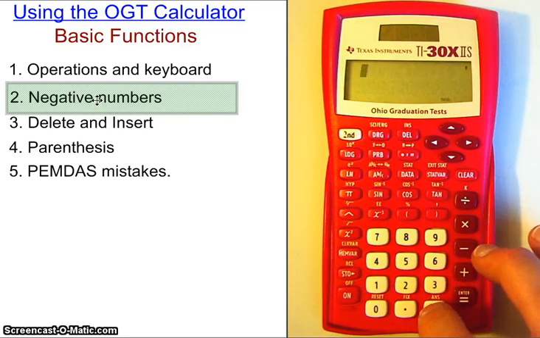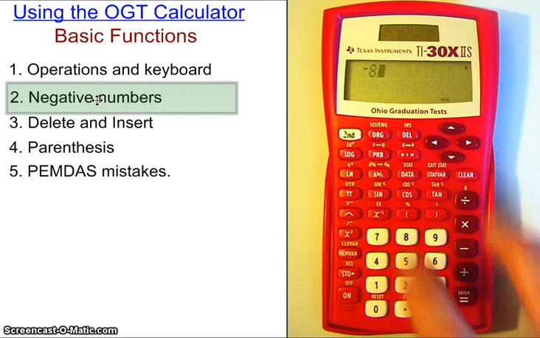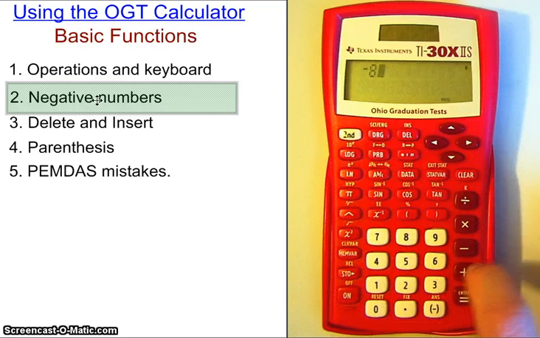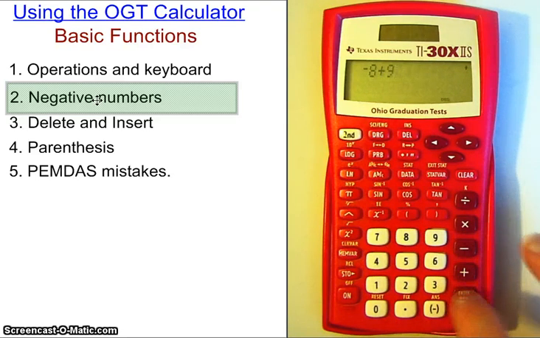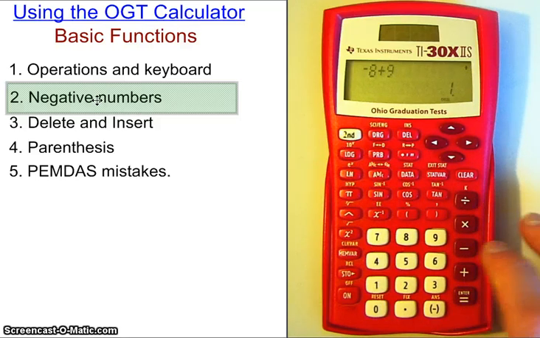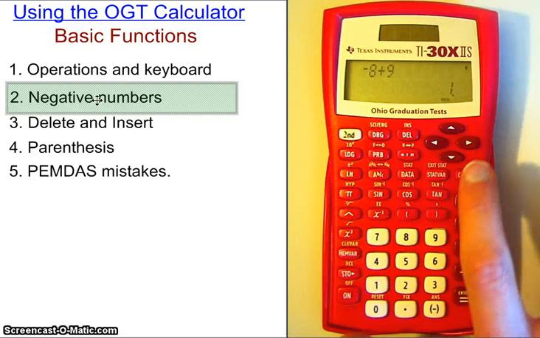So if I want to write negative 8, I have to push the negative first in this calculator. So negative 8, and I'm going to add 9, and that equals 1. So that is the negative number function on the calculator. Go ahead and clear that.